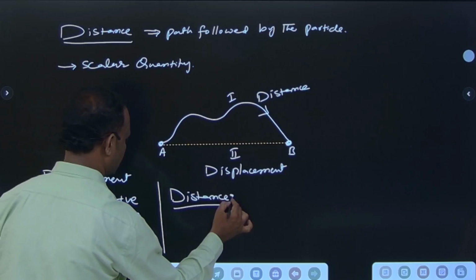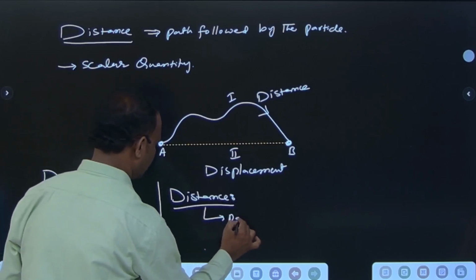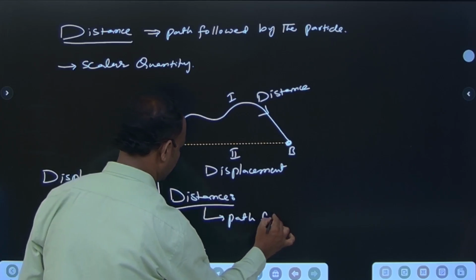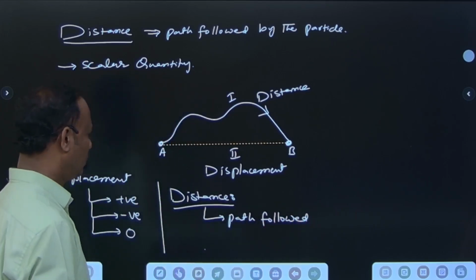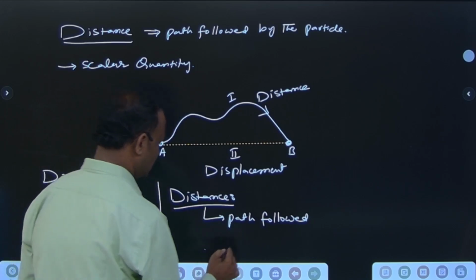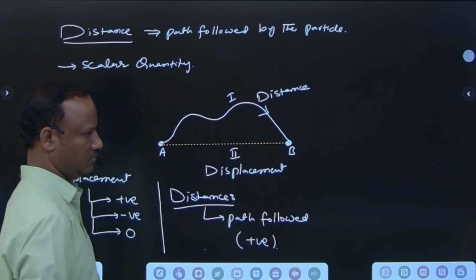Distance means only the path followed, so it is only positive.